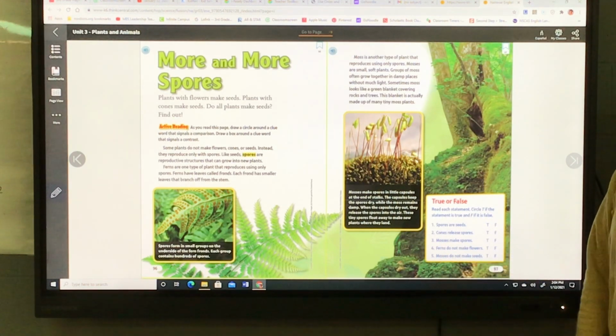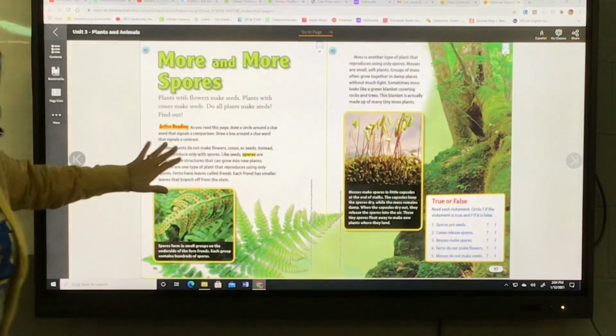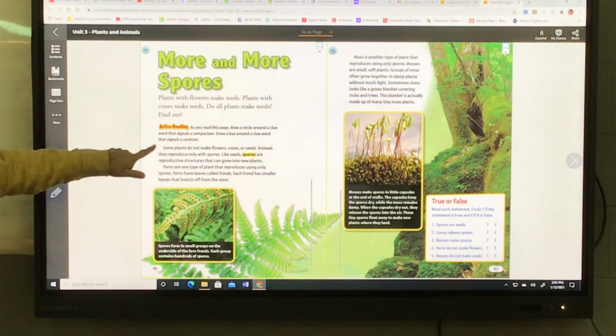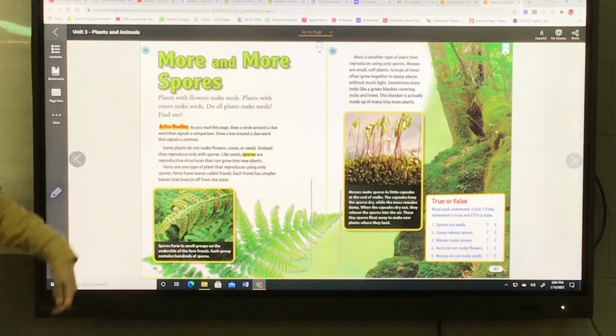Number 4. Ferns do not make flowers. Let's come back over here. Let's read this first paragraph. Some plants do not make flowers, cones, or seeds. Instead, they reproduce only with spores.